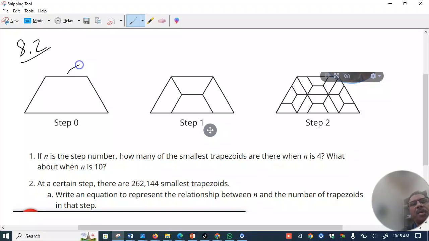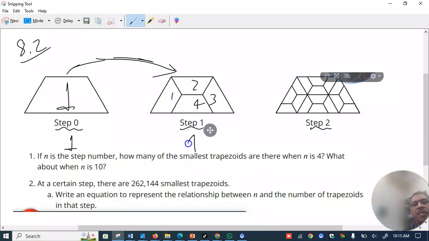If you see from here to here, this is step 1 in the beginning, step 2, step 3, and clearly there's one trapezoid here. So I will just write here, there's a one here. So you can see the 1, 2, 3, 4. So this becomes 4 trapezoids. Here you can see 1, 2, 3, 4. These are the same 4 which you see here.